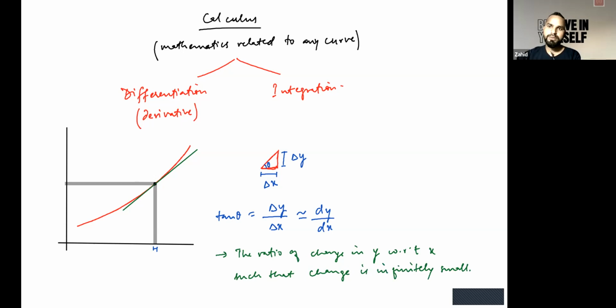Or in other words, differentiation is the process of division of a line or a curve to get slope, tangent, rate of change, or different applications of it.